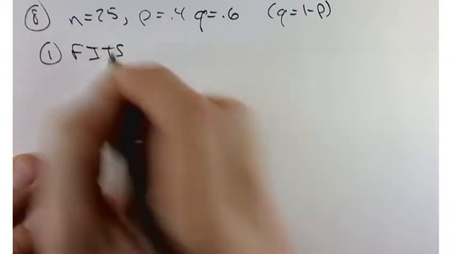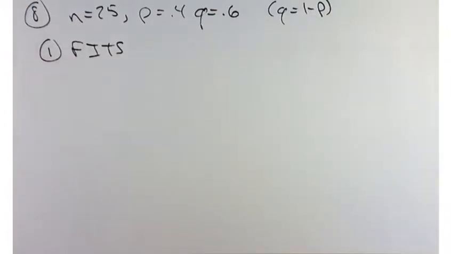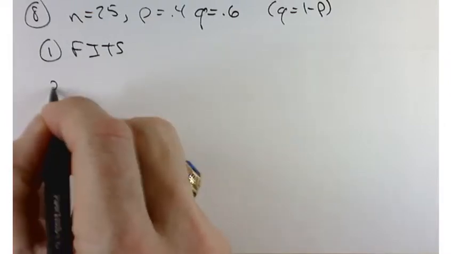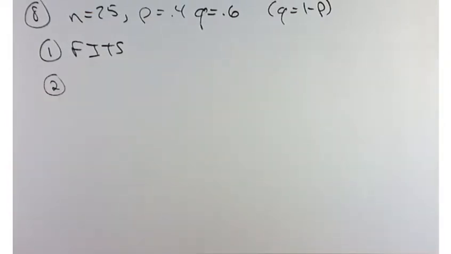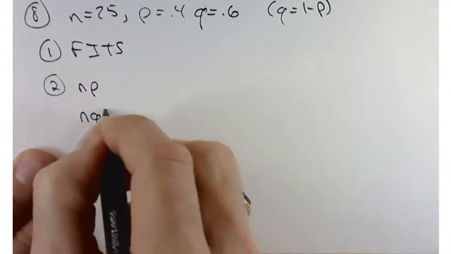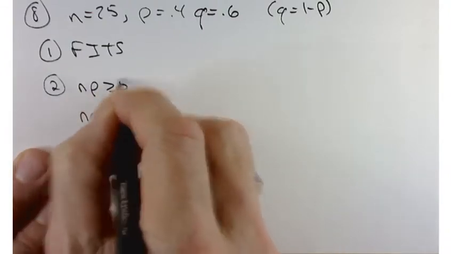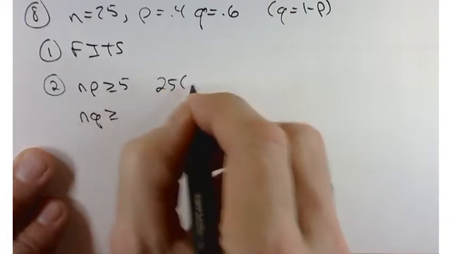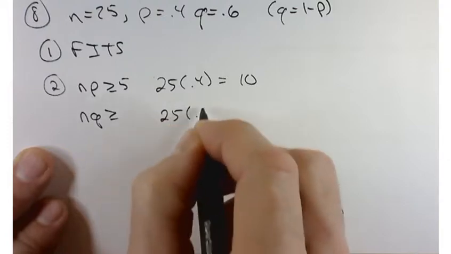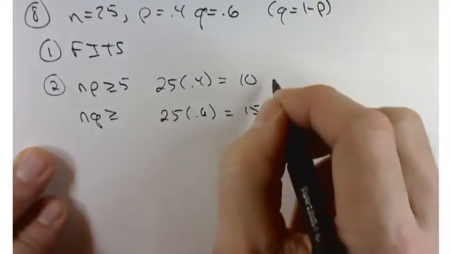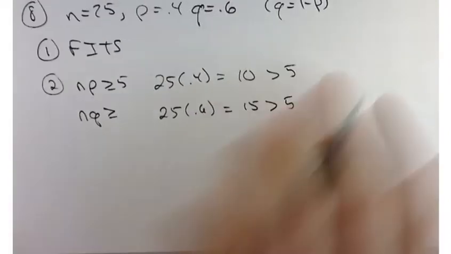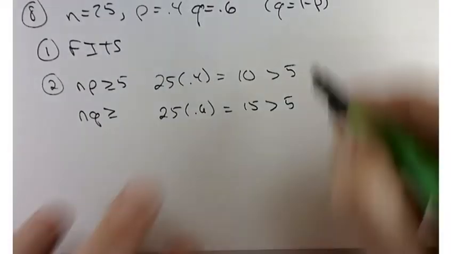Now, based on the problem, we're going to assume this is already a binomial random variable, that it passes all the criteria of fits. Second thing we want to check is that np and nq are both greater than or equal to 5. So 25 times 0.4 is 10, and 25 times 0.6 is 15. So both of these are greater than 5.